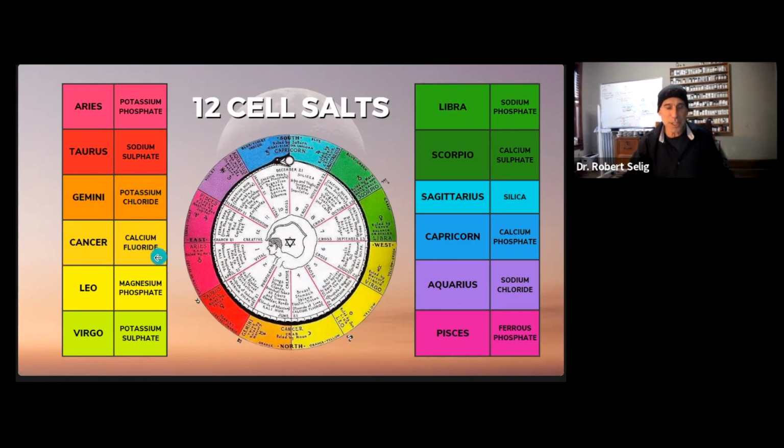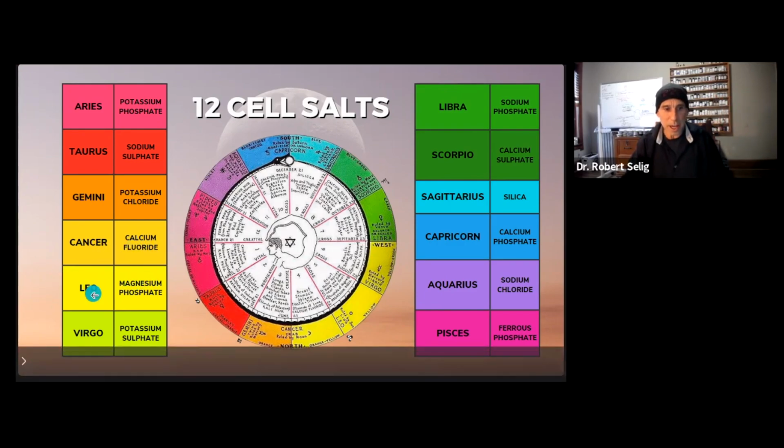Cancer is calcium fluoride, another amazing remedy to support the connective tissues, the elastic fibers, from the ligaments, the tendons, to the arteries, the veins. That calcium fluoride is beautiful.